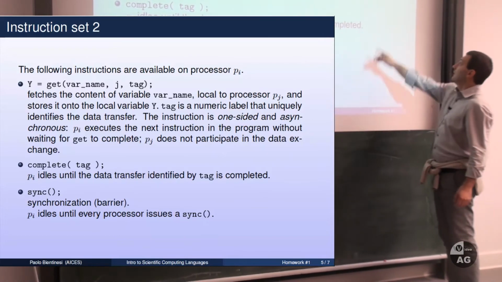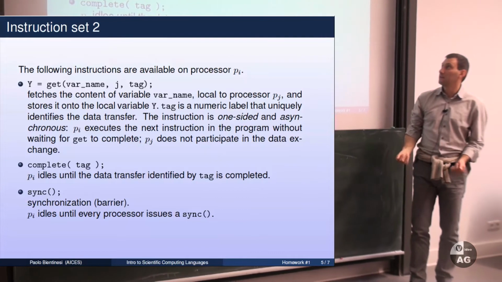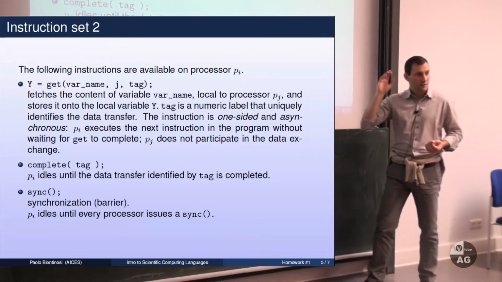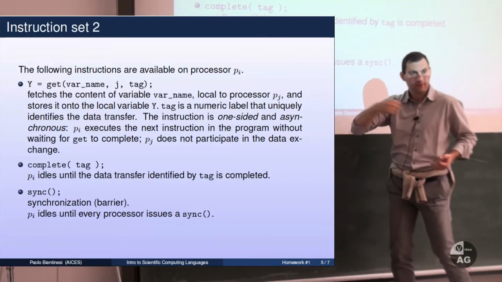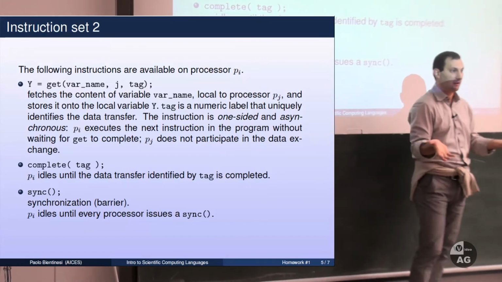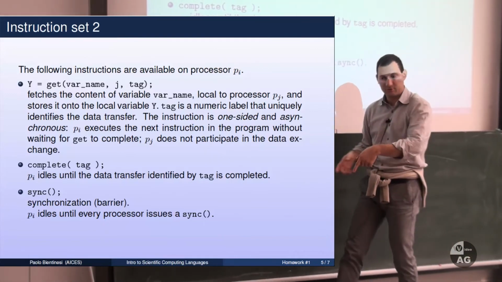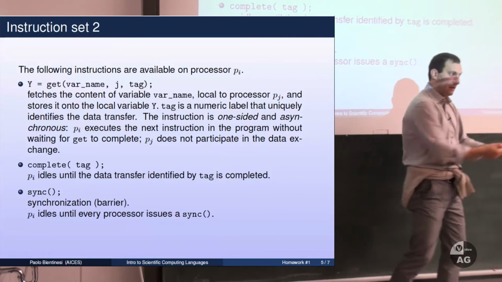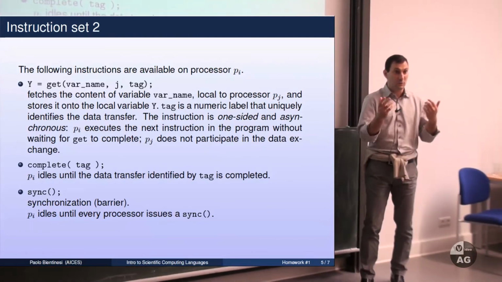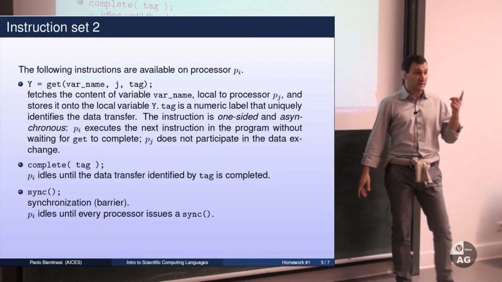Okay, the communication is one-sided. It means that processor I goes and fetches data from processor J without J doing anything. J is just doing his computation, and some other processor goes into his memory and reads some stuff and takes it back. Okay, it's one-sided. There is no participation of processor J. This can be very nasty and tricky.